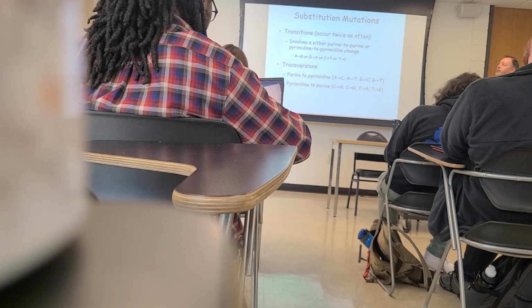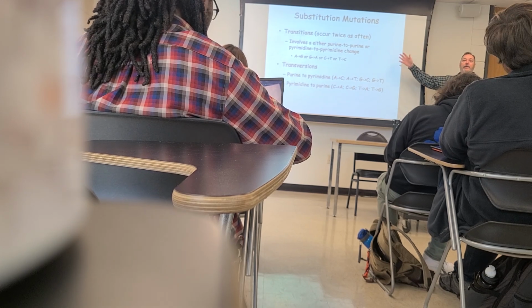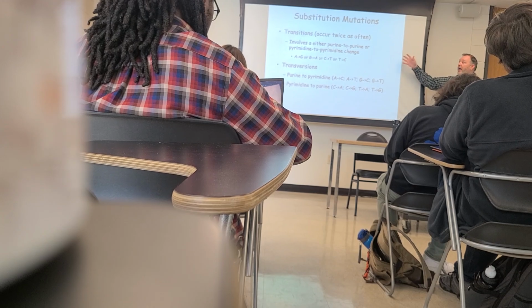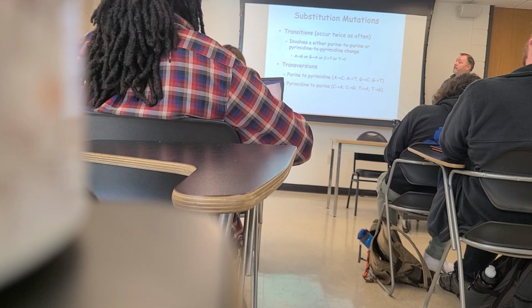It's really important to understand the transitions of purine to purine or pyrimidine to pyrimidine. And this falls directly in the wheelhouse of redundancy. We should be okay if we have a transition, at least in one place, but not the other two places.